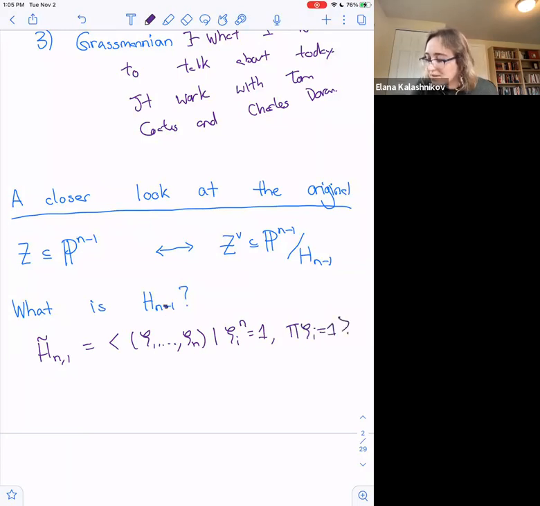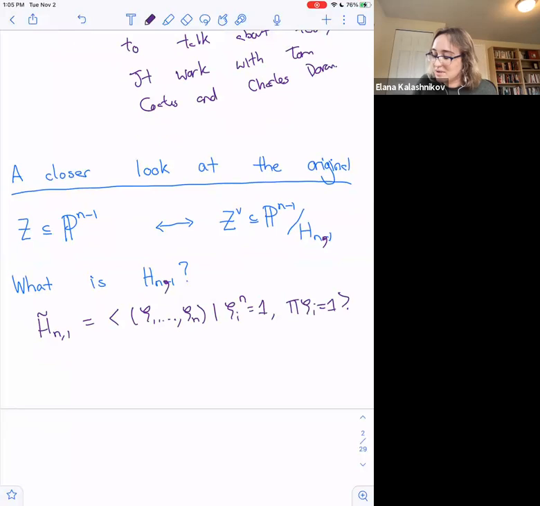Sorry, I just realized this is n comma 1 that I want to talk about there. So my group is H_{n,1}. And so first, H tilde_{n,1} looks like this. And of course, this group acts on C^n.